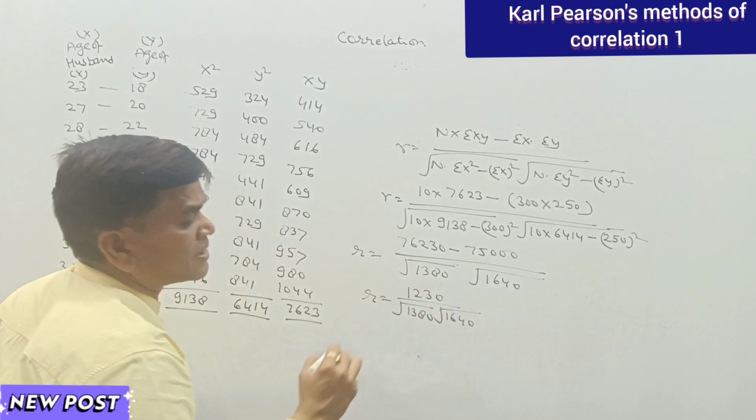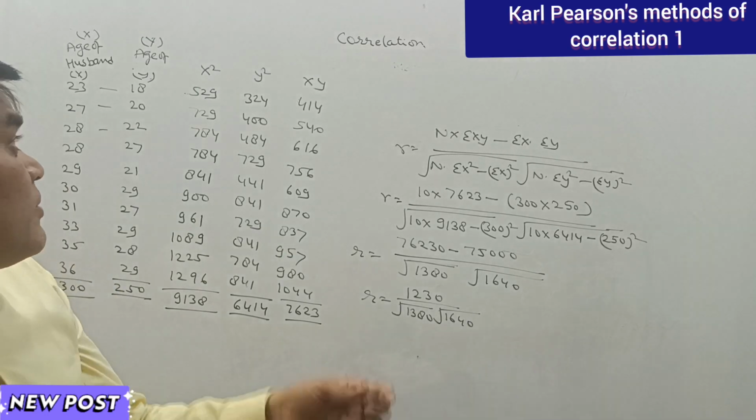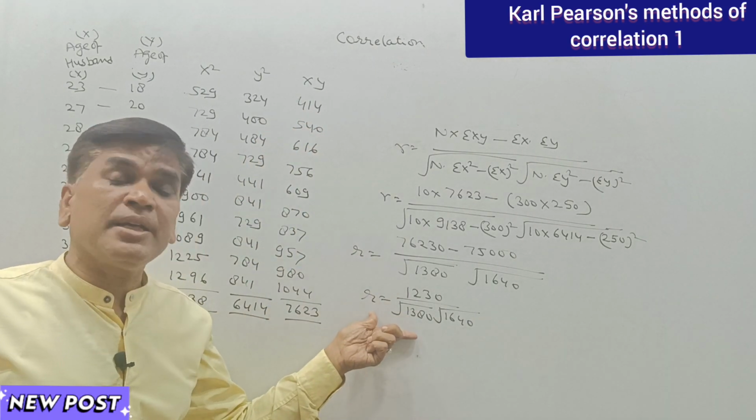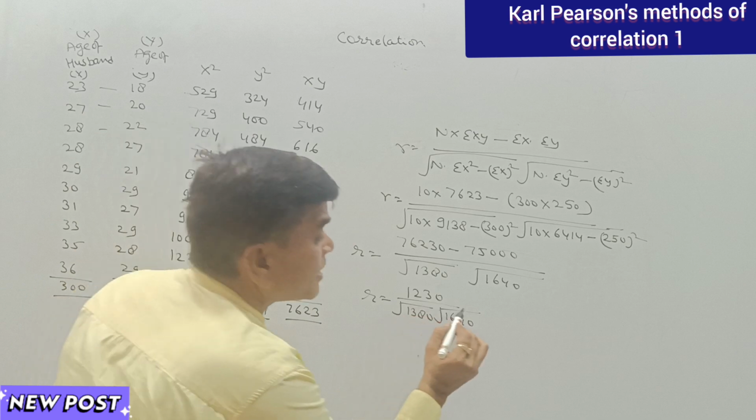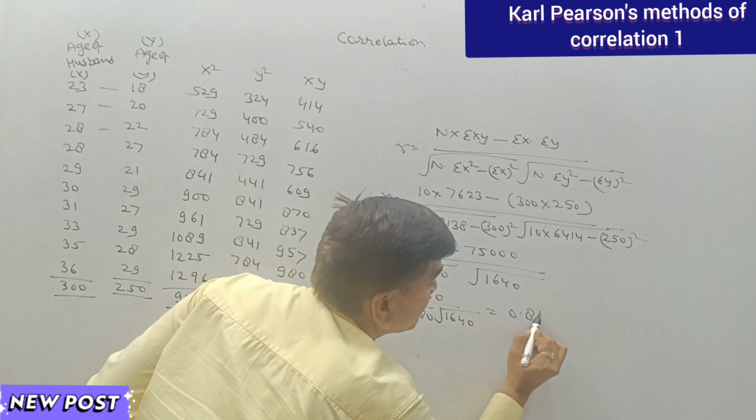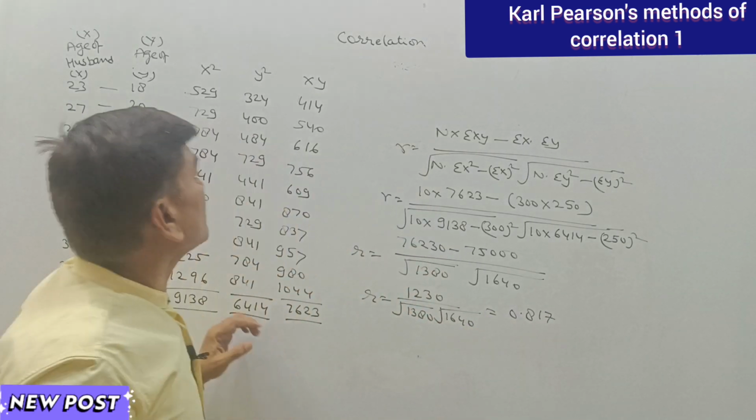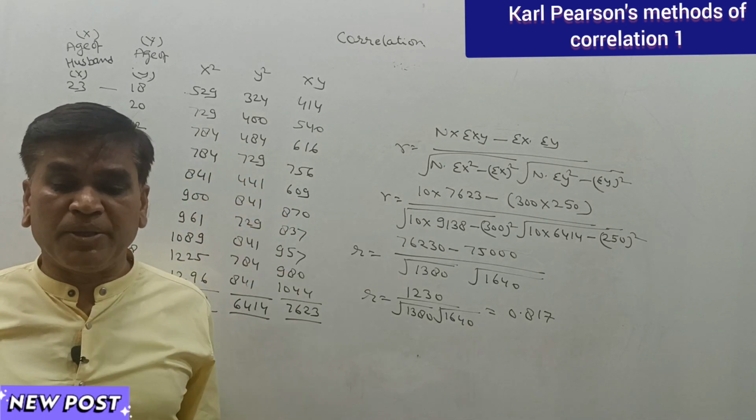Already we have got these numbers with the assumed mean method also. So the result will be the same, 0.817. So this method may also be applied by you.